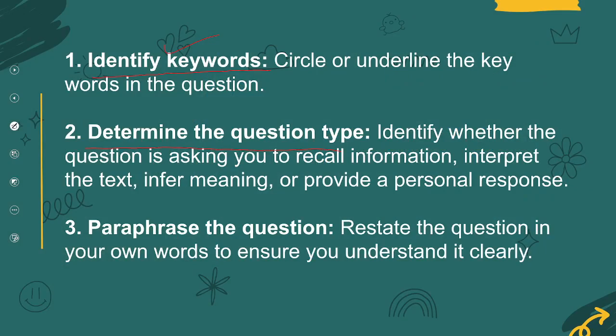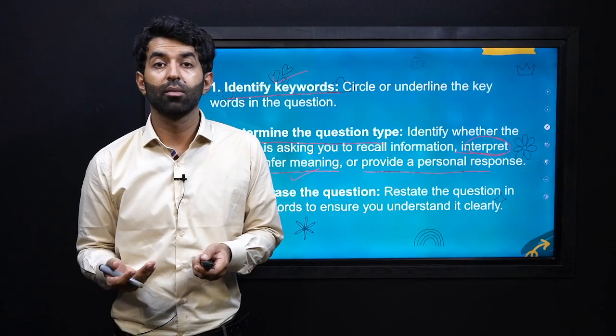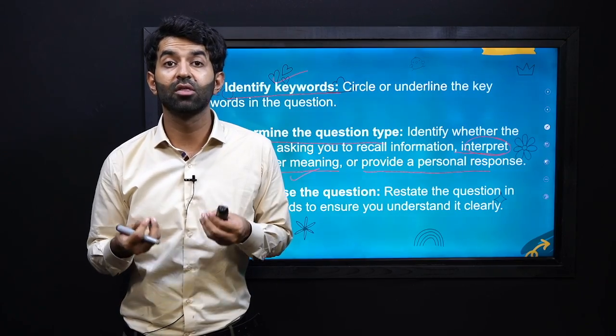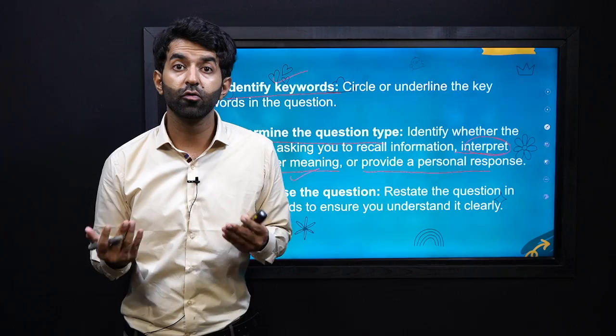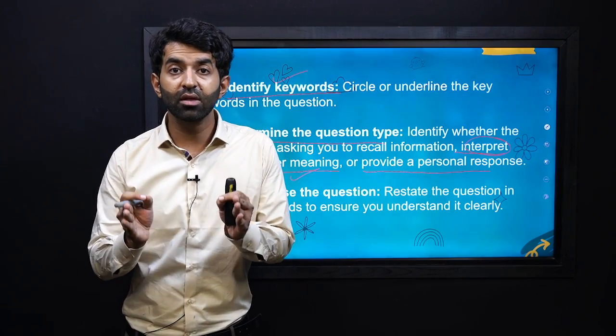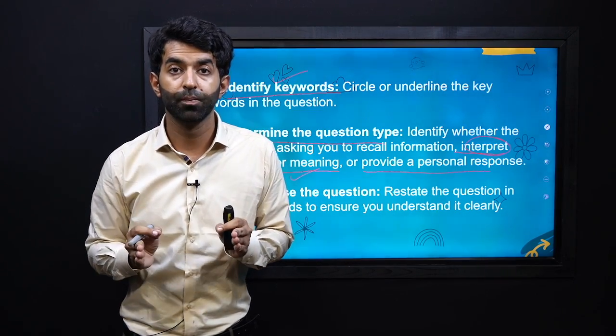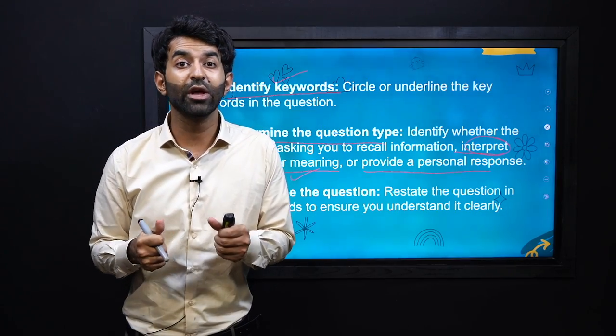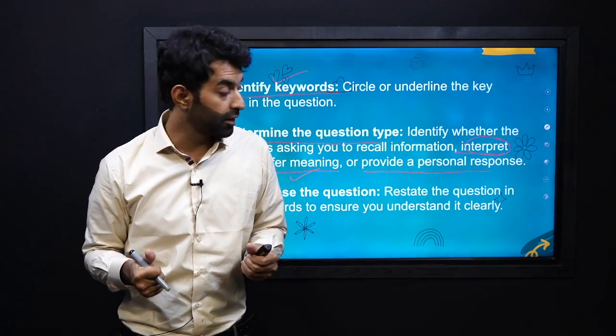Or is the question asking us to interpret the text, infer meaning from the text, explicit or implicit meaning, or provide a personal response? Is it asking about your experience and your personal thinking or point of view? So we need to see what the question is demanding us to do before answering it.